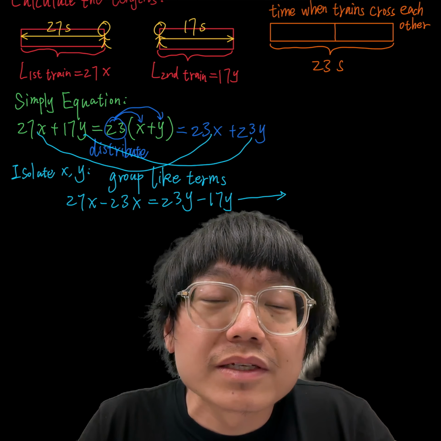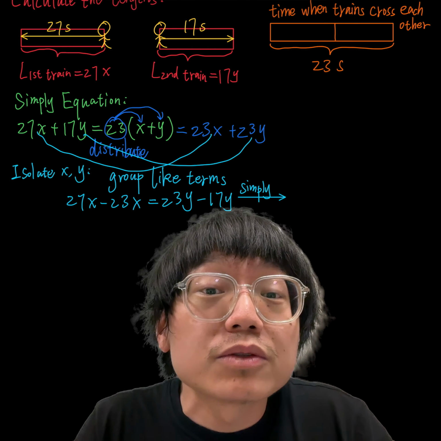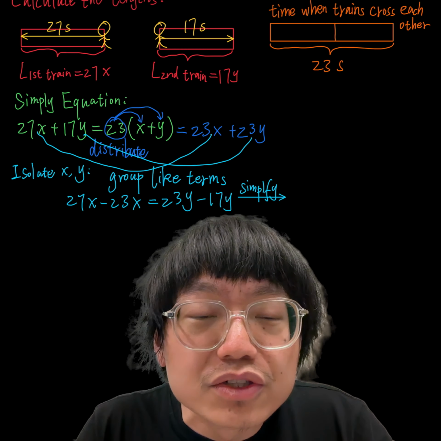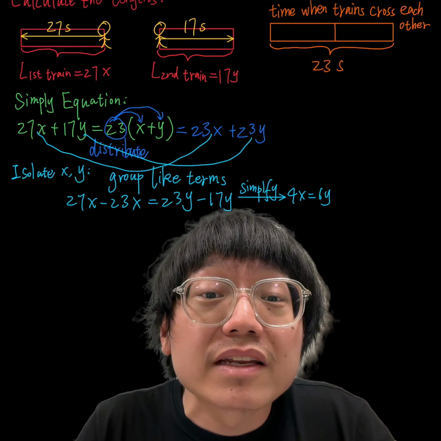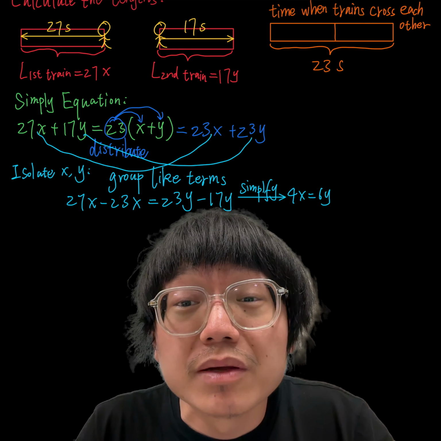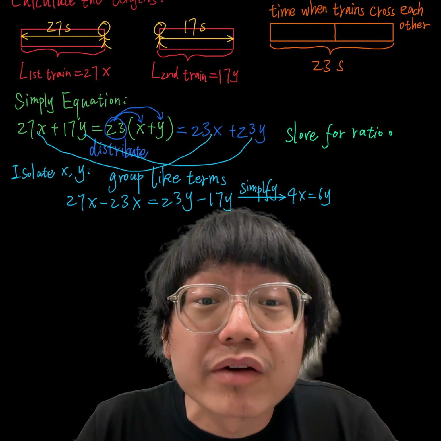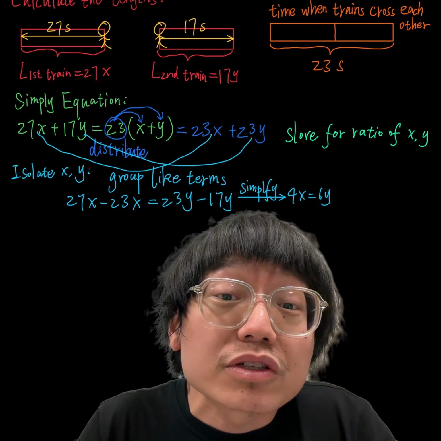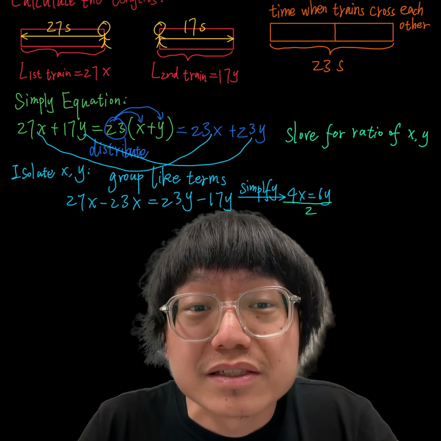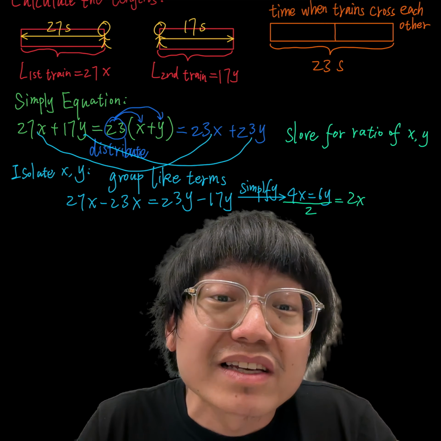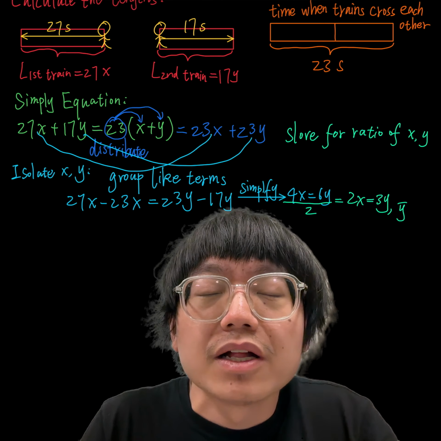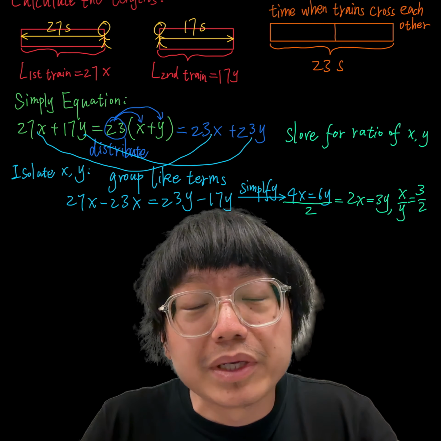And the final step is we solve for the ratio of x and y, by dividing both sides of the equation by 2, which gives x over y equals 3 over 2. Thus, the ratio of the speeds of the two trains, x over y, is 3/2. So the correct answer is B.